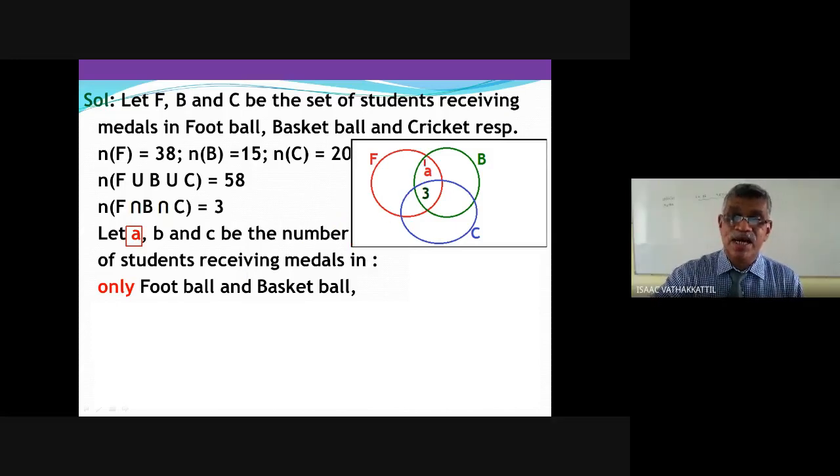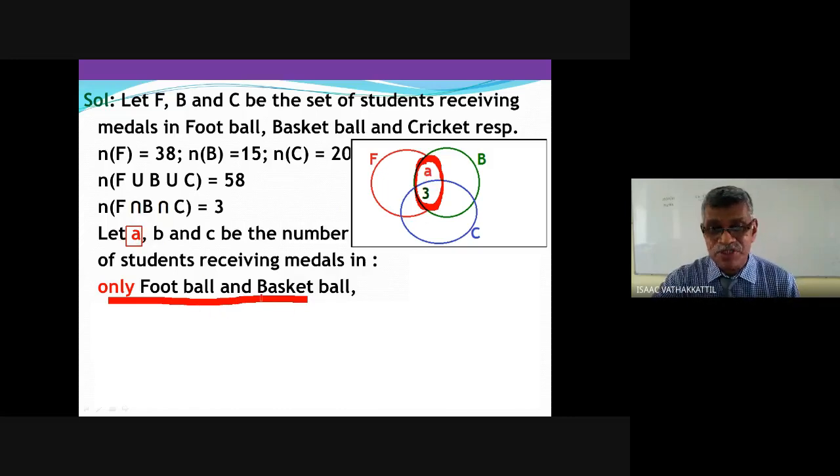This is the F intersection B portion. A is the number of children receiving medals in only football and basketball, so number of F intersection B is not A. According to my notation, it is A plus 3.